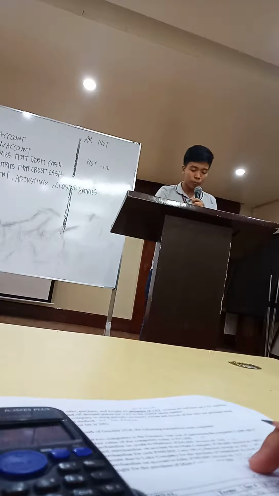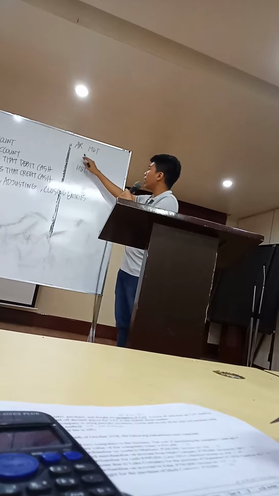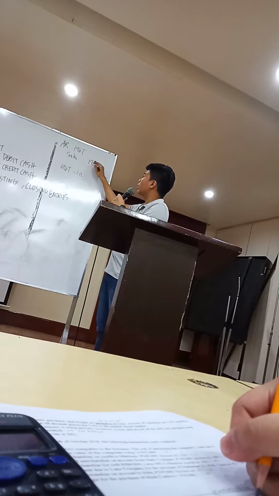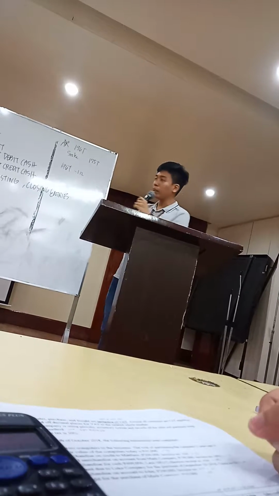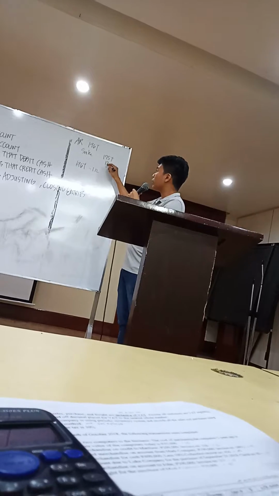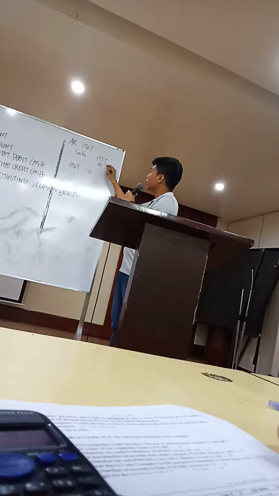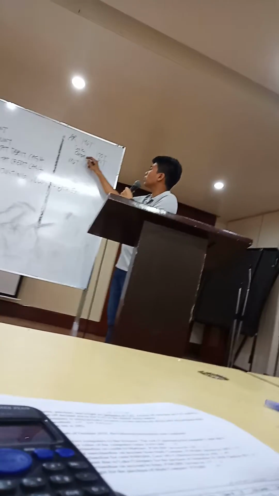How much do we have? 175,000. Credit sales for 175,000. And our next credit is 21,000 for our output VAT.